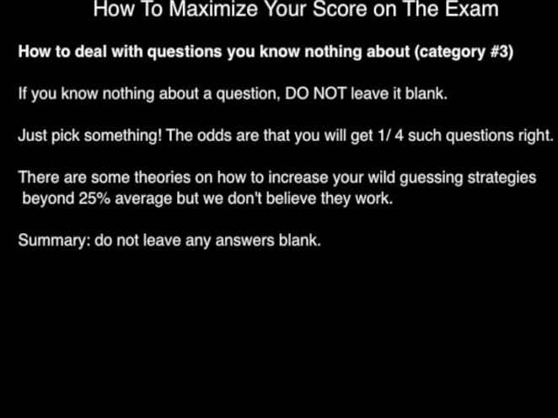And so if you had 4 questions that you didn't know anything about, there's a good chance you'll get one of those correct. And if you're lucky, maybe 2 or 3, just by taking a wild guess and guessing anything for the answer. So the most important lesson that I want you to take away from this category 3 type of questions is never leave any question blank. Even if you don't know what the answer is, you are helping yourself by guessing.